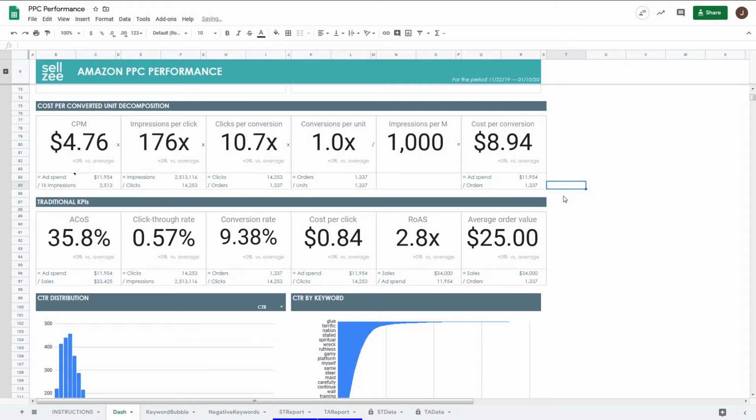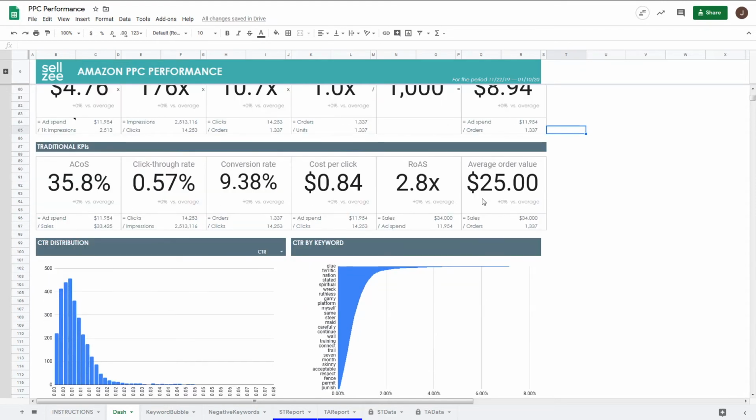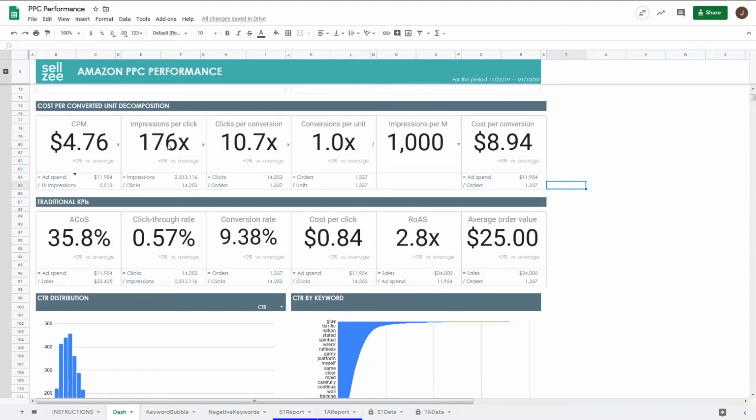Now you can always fall back to the traditional KPIs down here if you prefer looking at those. So impressions per click is just the inverse of click-through rate. So lowering your impressions per click is the same thing as increasing your click-through rate, right? Clicks per conversion is just the inverse of conversion rate.